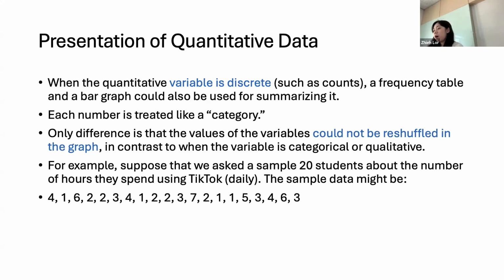Why is this? Because when you look at, for example, the hours of social media use or TikTok use, you go by 1 hour, 2 hours, 3 hours, 4 hours, right? So those categories cannot be shuffled. Like I want to put 1 hour first, and then 2 hours, and after that jump to 7 hours, and the next one for my bar graph will be 6 hours.